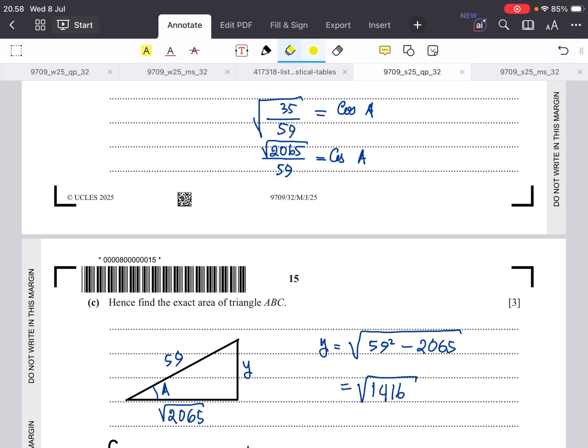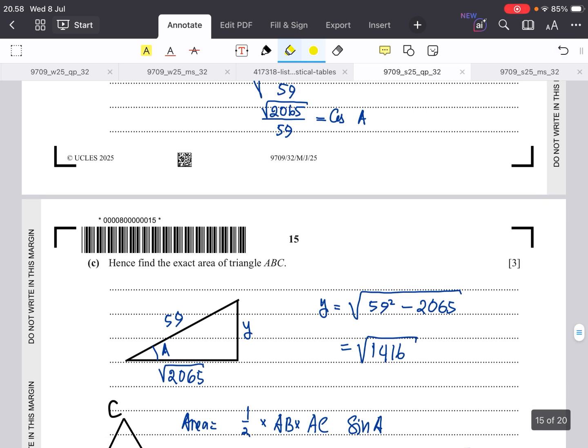And then using the definition of cos, which is adjacent over hypotenuse, we can draw a right angle triangle. So this is angle A. And then we need to find the opposite side.